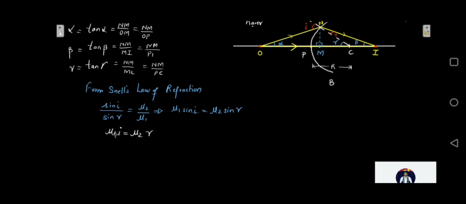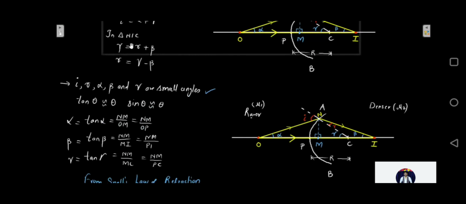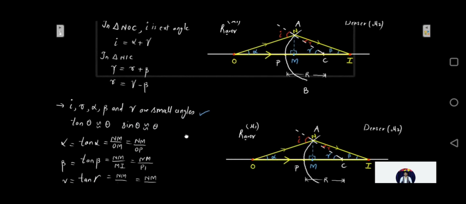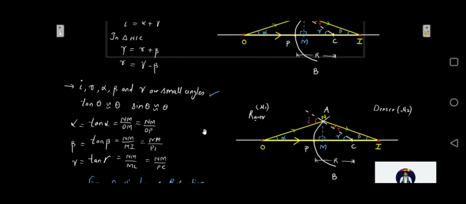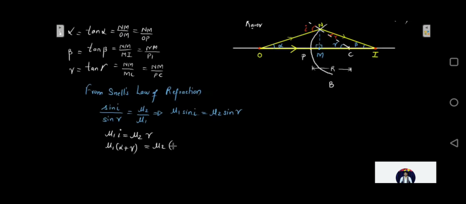Okay, but we have found out the I and R in terms of alpha and beta and gamma, so let's put it as that. So I is equal to alpha plus gamma, so instead of I I'll put alpha plus gamma. In place of R, I've got it as gamma minus beta, so let us put it over here. This is going to be gamma minus beta. Okay, and also I have found out the values for alpha, beta and gamma, so let's substitute it over here now.